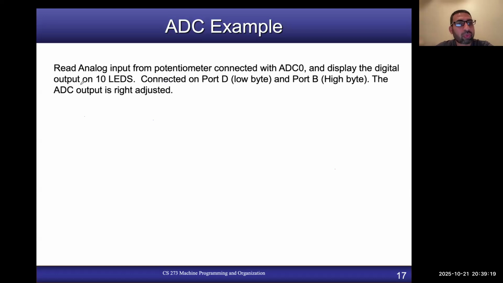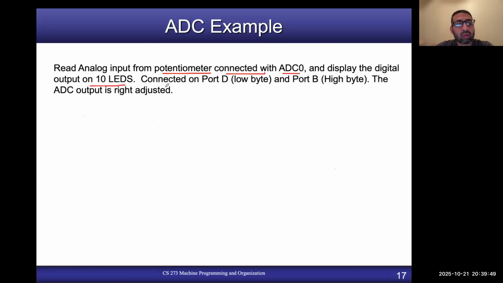So here is the example. You need to read analog input from a potentiometer. A potentiometer is nothing but a small device using which you can provide variable voltage input to your microcontroller. You need to connect the potentiometer with ADC 0 and display the digital output on 10 LEDs.